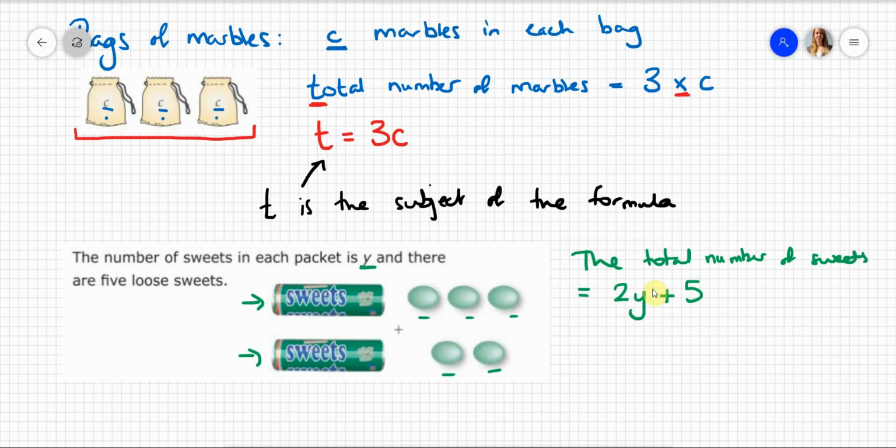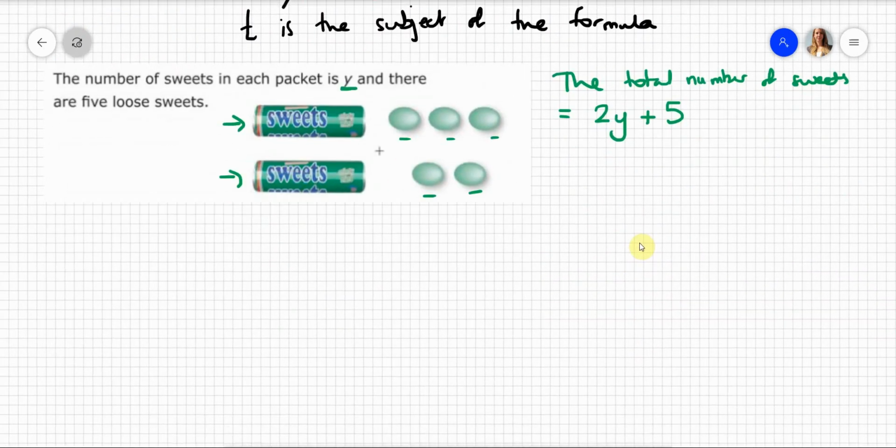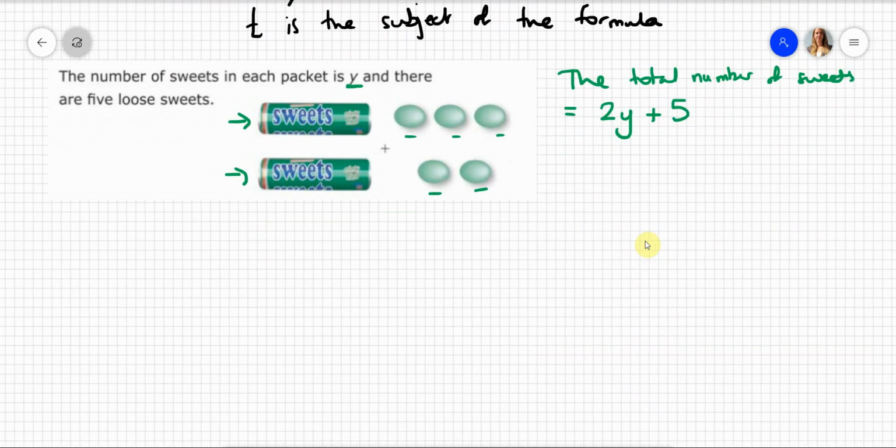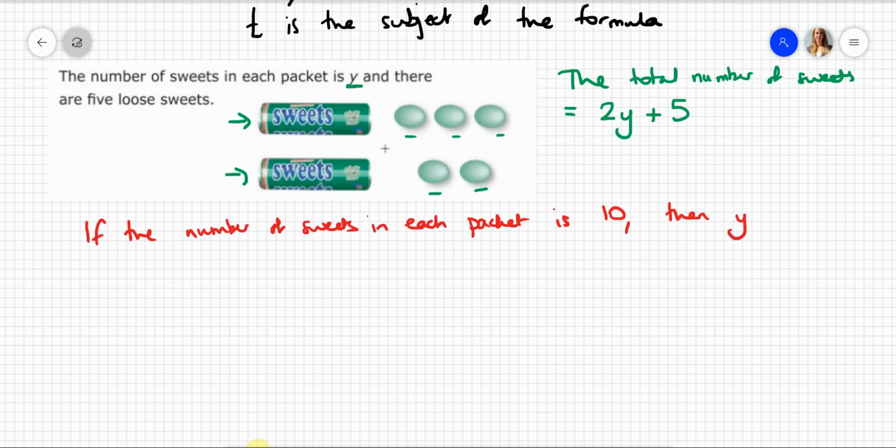And we can use this formula if we're then told how many sweets there are in each packet. So, if the number of sweets in each packet is 10, then that means Y equals 10.